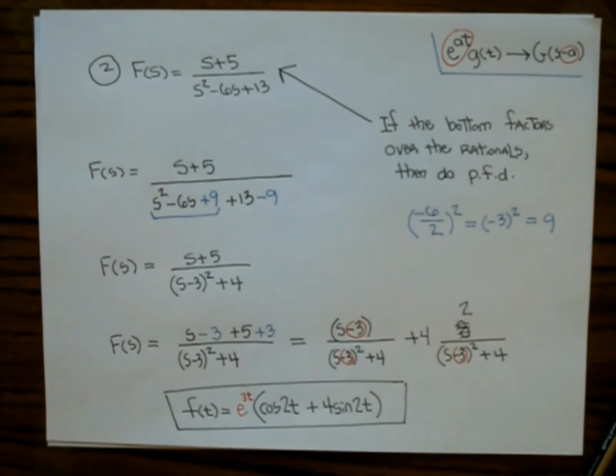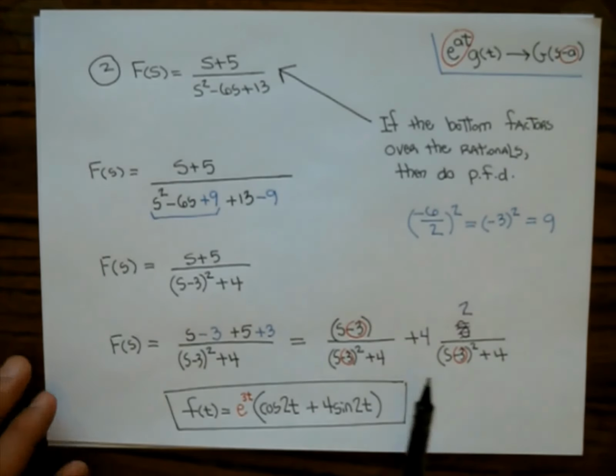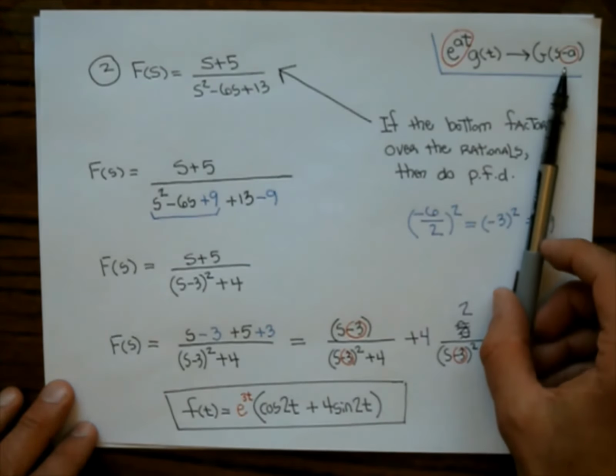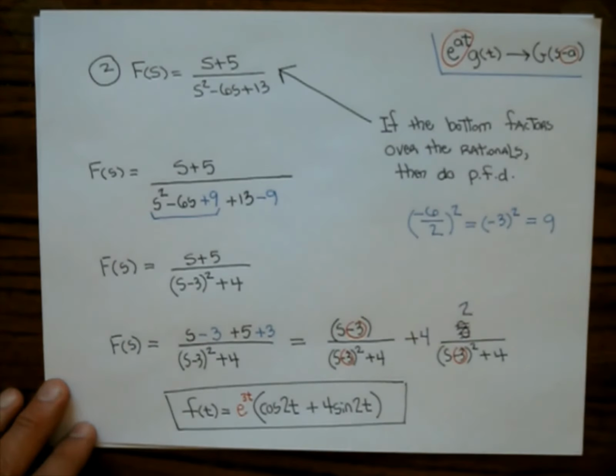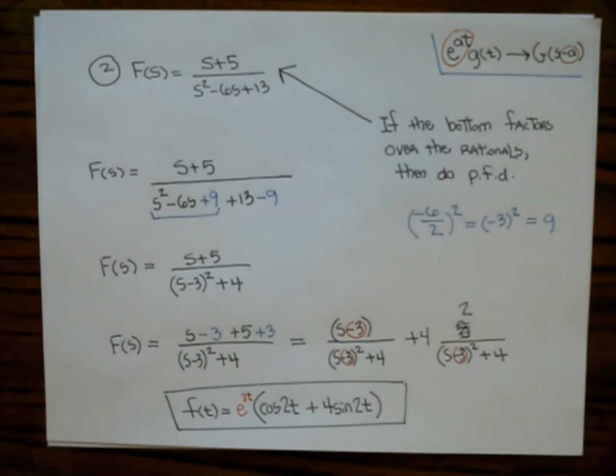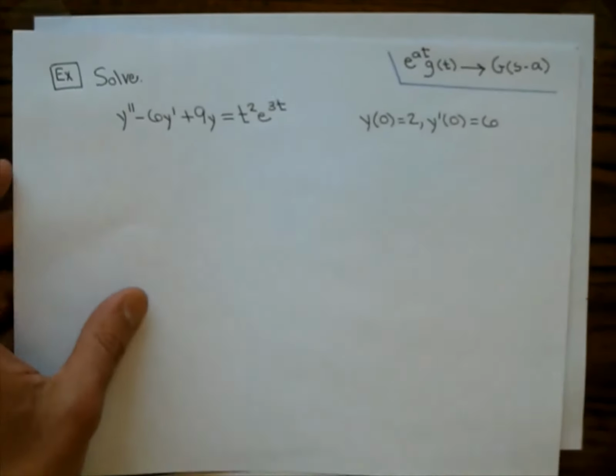Some of your problems in the homework will require a partial fraction decomposition, and that's when you are going from the land of s back to the land of t. So there's the answer.